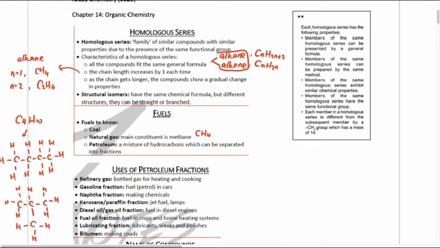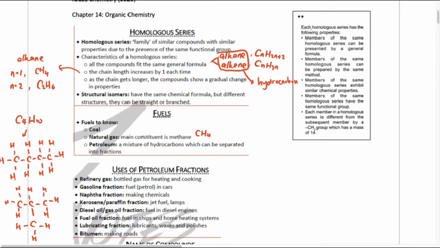As you can see, there are only 2 elements, which are hydrogen and carbon. So it's a mixture of different kinds of hydrocarbons which can be separated into fractions. Through distillation, we can separate them into components.